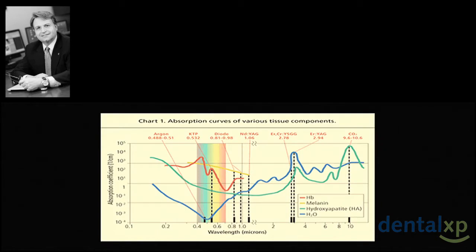Here, this schematic drawing shows you the absorption coefficient of water at the different wavelengths. Which means if you have an erbium YAG laser or erbium chromium, it will be absorbed by water faster compared to a CO2 and faster than an Nd:YAG laser.